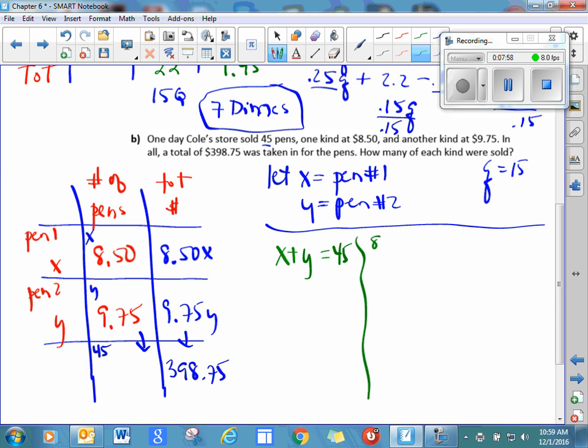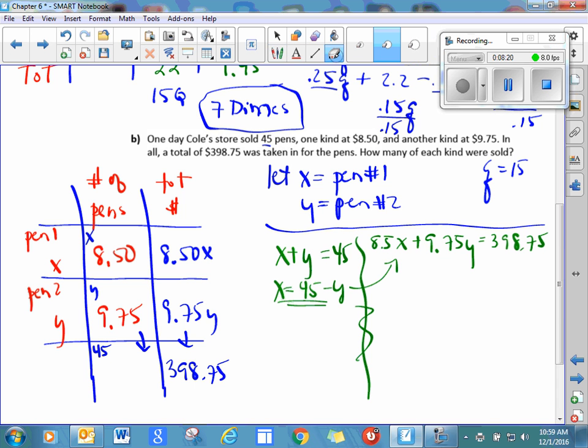We're going to have 8.5x plus 9.75y equaling the total amount that they're worth. So again, like the problem up above, I think I'm going to go ahead and just solve for x and use this to plug in to that equation as the substitution part.